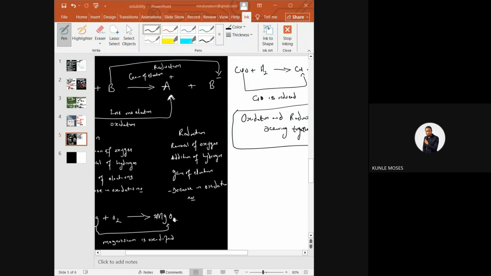Let's look at one or two more questions. Which of the following is a true solution? A, starch in water; B, mud in water; C, sugar in water; D, paint in water. Sugar in water, Lillian, that's good.